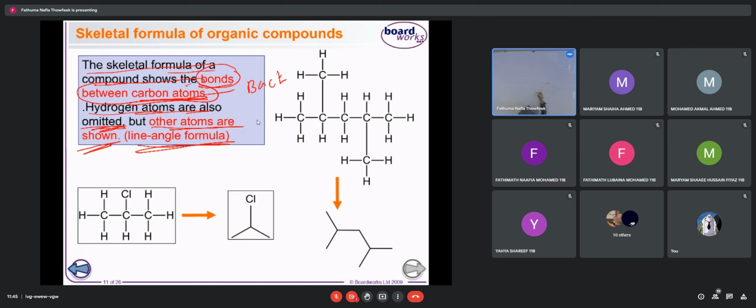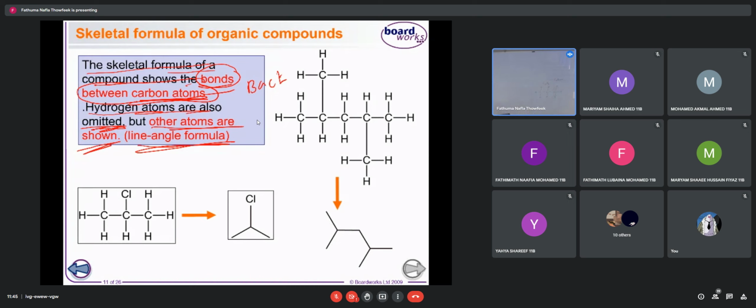The CnH2n+2, right? So it is 3 carbons and 8 hydrogens. It is an alkane, okay? This is propane. I'm taking the basic one, then you will understand how to draw this one.